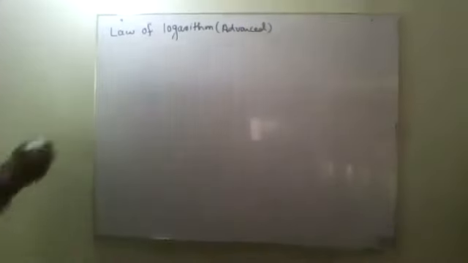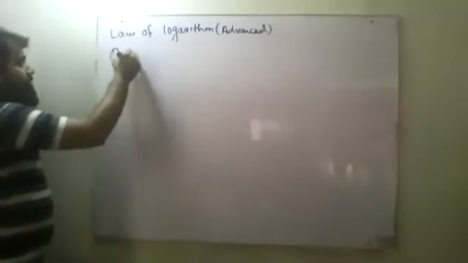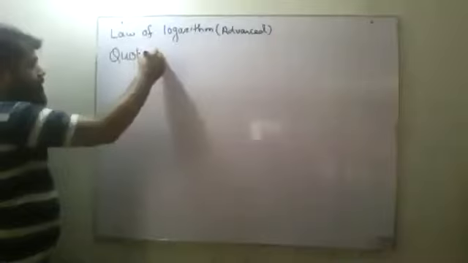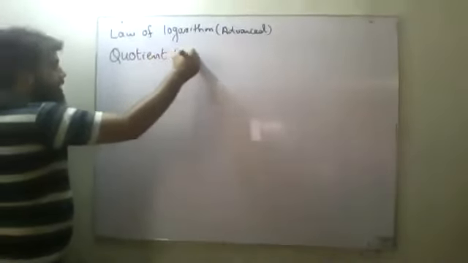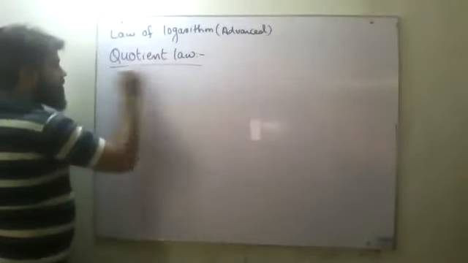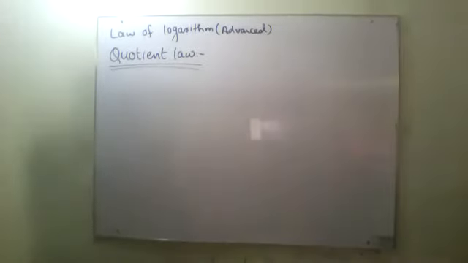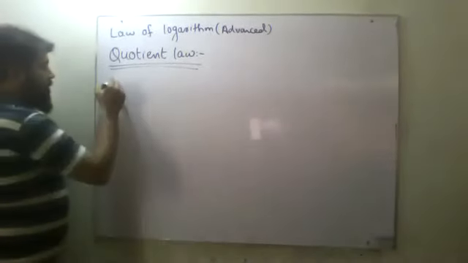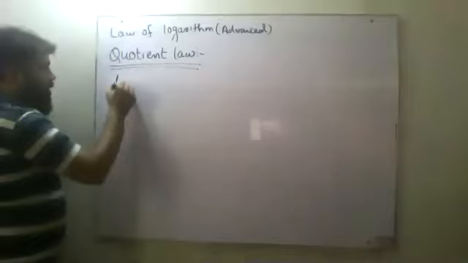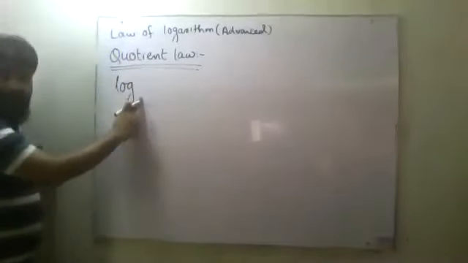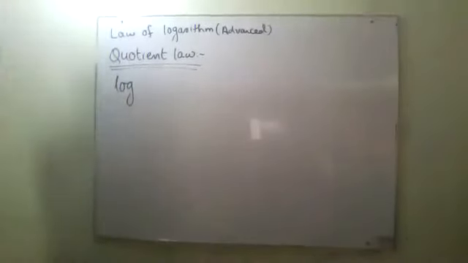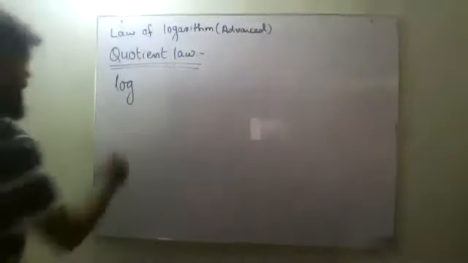Okay, so next law which we have got is quotient law. And in quotient law, I have got, for instance, log of any base, whatever is the base. I'm not discussing the base. It can be any base over here.